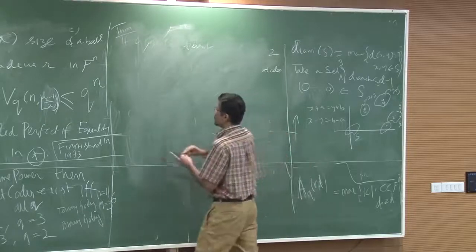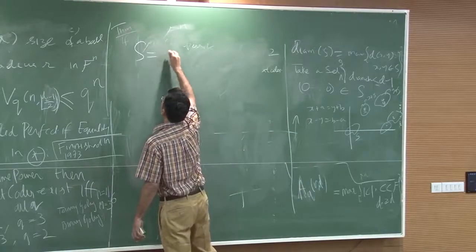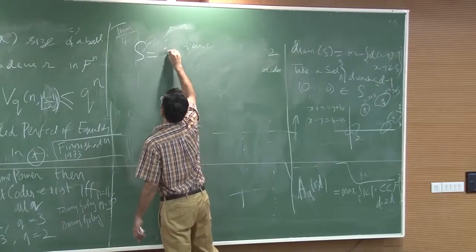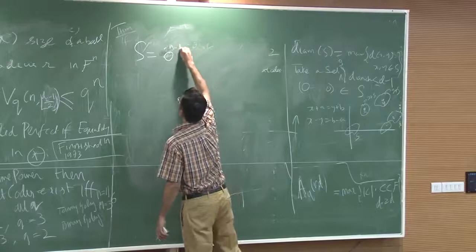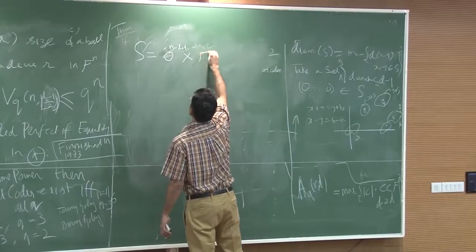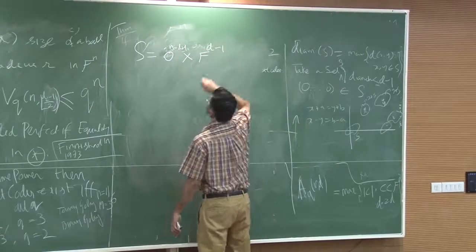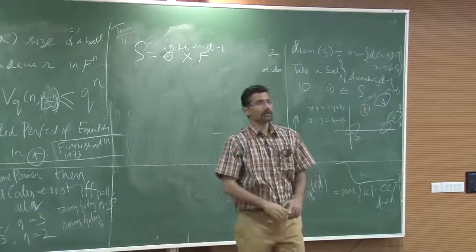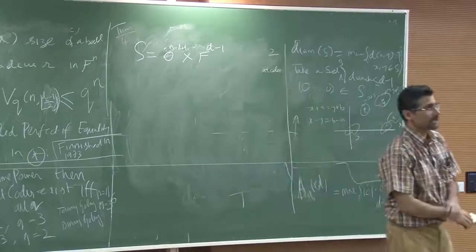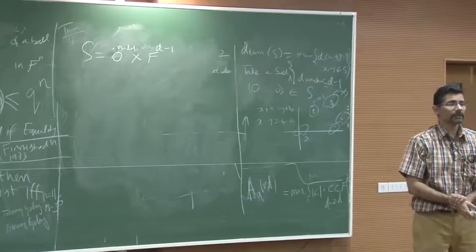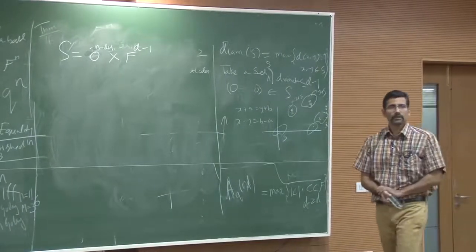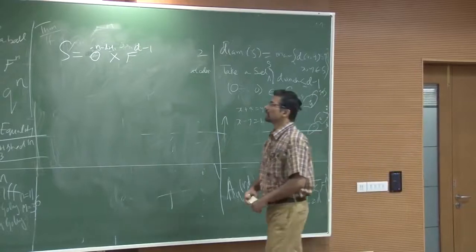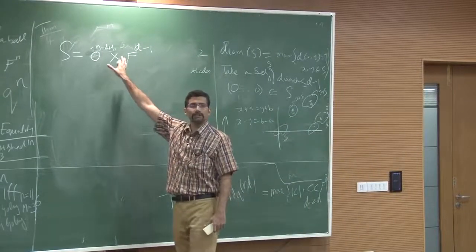Take S to be 0 to the power n minus d plus 1, cross F to the d minus 1. So you are looking at all words whose first n minus d plus 1 coordinates are 0, and the last d minus 1 coordinates are arbitrary. It's a flat, so to speak. This has diameter d minus 1.